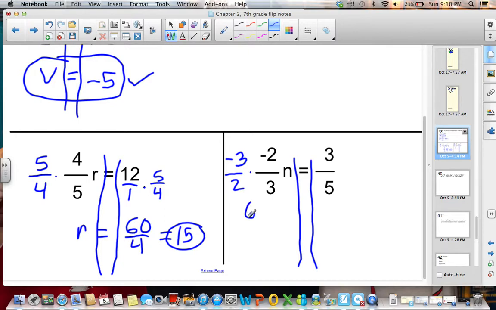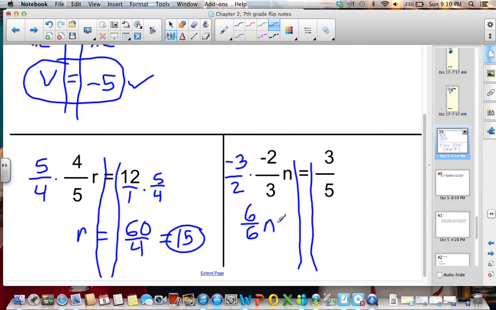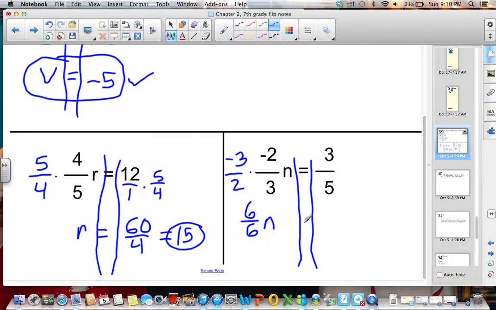I'm going to write this out so you can see why we're doing it. So 6 over 6 n. 6/6 is 1, so we have 1 n. Here then, I multiply by negative 3/2 over here. So negative 3/2.